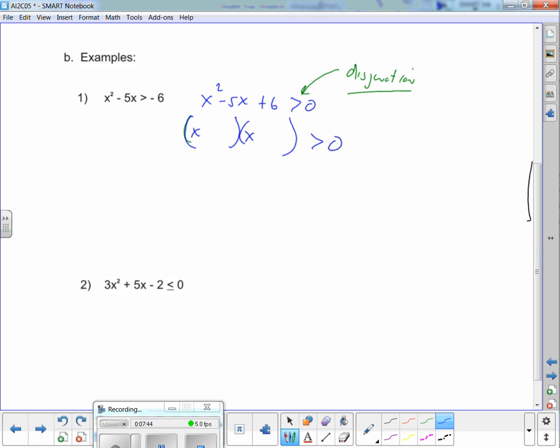There's no other possibility. -1 and -6 does not give me a -5 in the middle. However, -3 and -2 does. Hopefully you agree that's the factoring. Everybody okay so far?